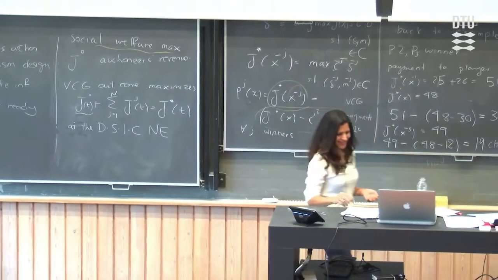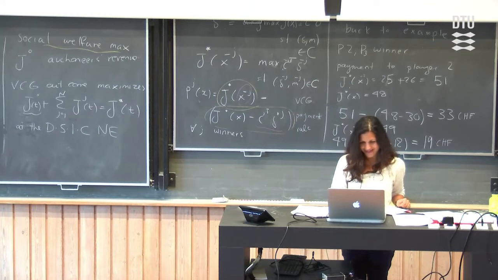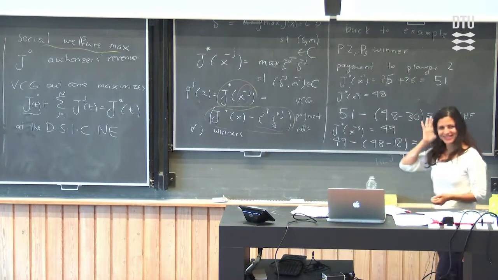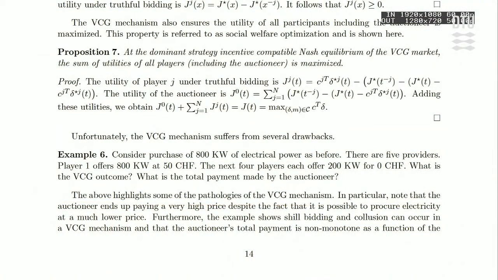Okay. But then let's talk about problems, because you all said, okay, why don't we use this in power markets? One problem I've looked at with my student is the issue of collusion. So let's look at this example. Suppose that you want to procure 800 kilowatts, and there are 5 providers.